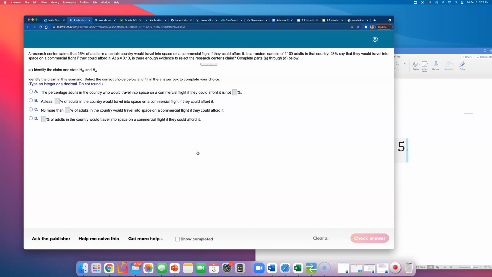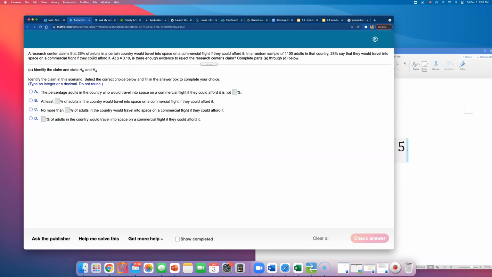A research center claims that 26% of adults in a certain country would travel into space on a commercial flight if they could afford it. Look, this is a proportion, right? We're working with proportion this time. What's the claim being made here for part A? The claim is that the proportion is 26%.